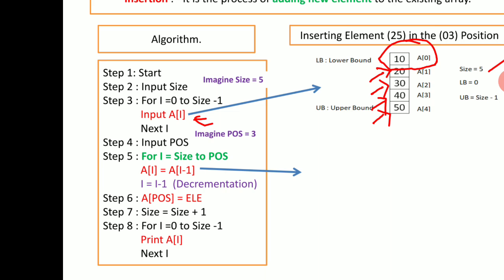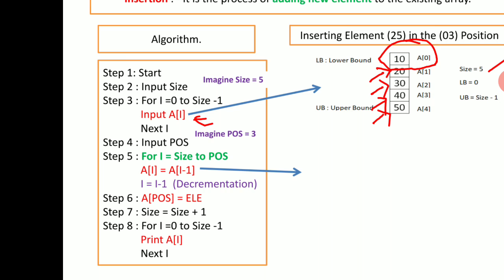The first element of the array is a of 0, the second element is a of 1, and the third element is a of 2. Hence, we are trying to insert a new element into the array at the third position, that is the a of 2 location, where 30 is there right now.